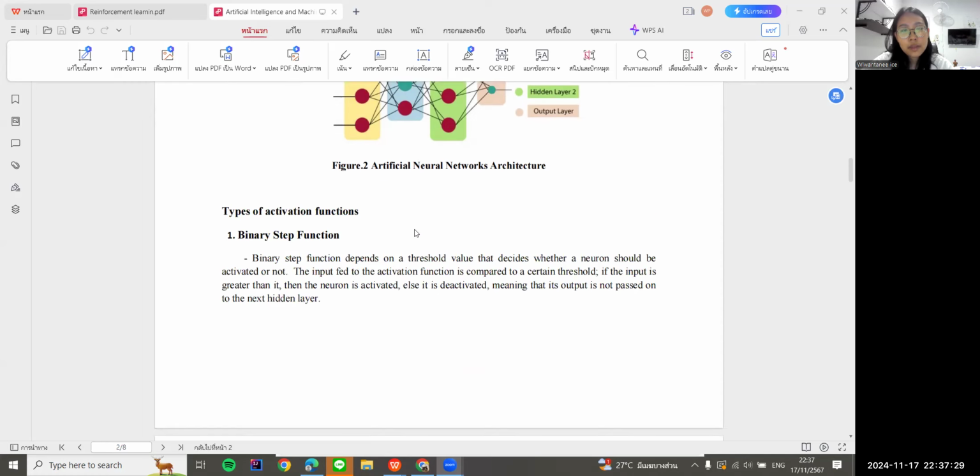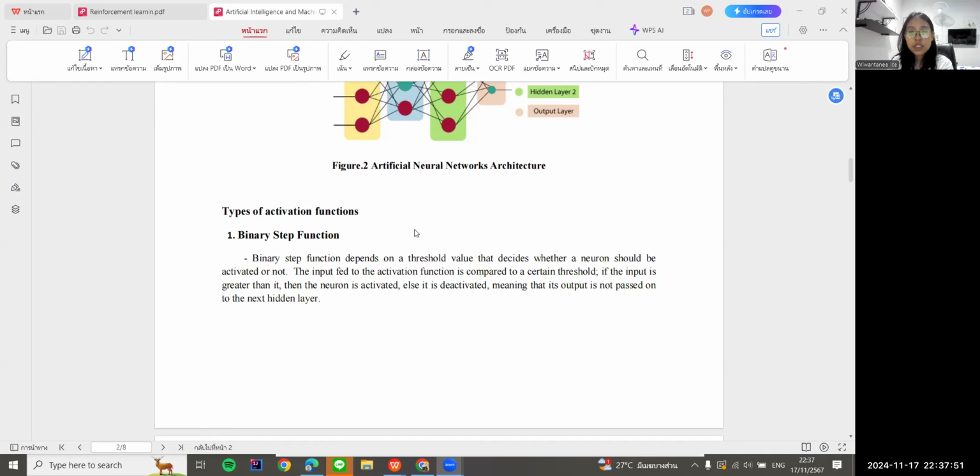The types of activation function: first, the binary step function. The binary step function depends on a threshold value to decide whether the neuron should be activated or not. The input fed to the activation function is compared to a certain threshold.